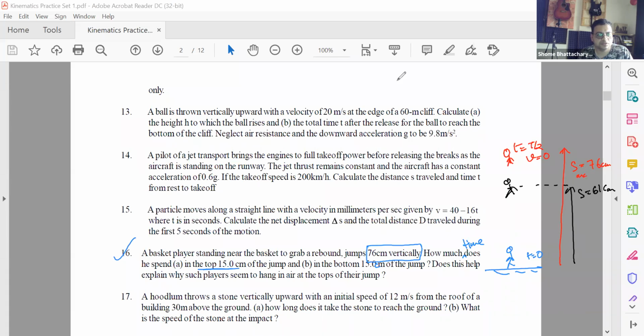So he will reach this position once on the way up at time t1 and once on the way down at time t2. So we have to calculate t2 minus t1, this time interval. Is the concept clear to all of you for the 16th question?